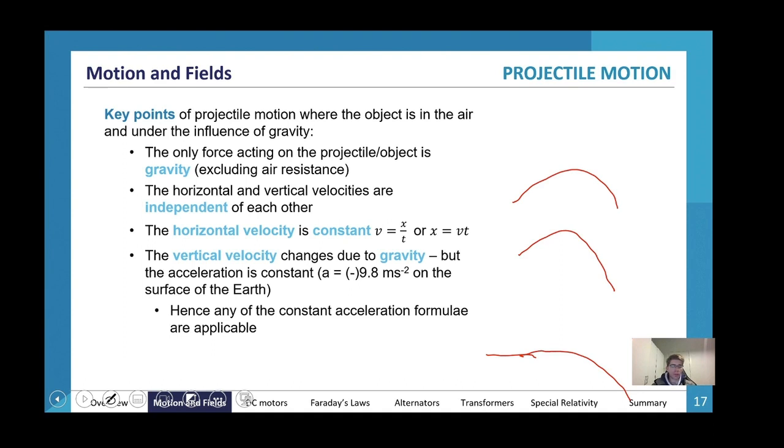So you have to ignore the effect of air resistance in your calculations because it gets complicated.